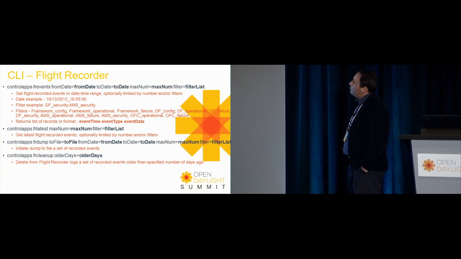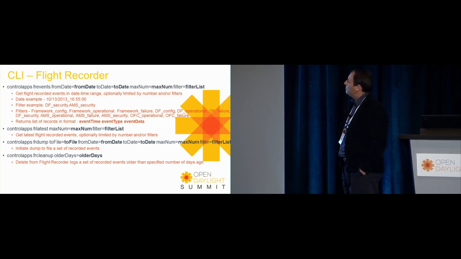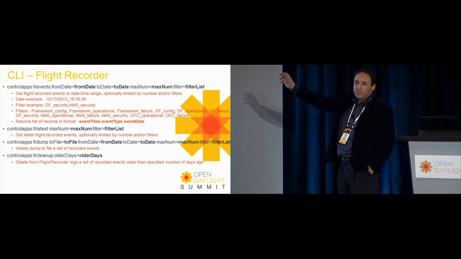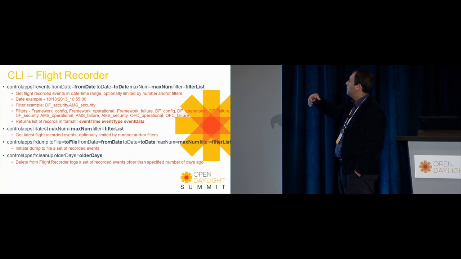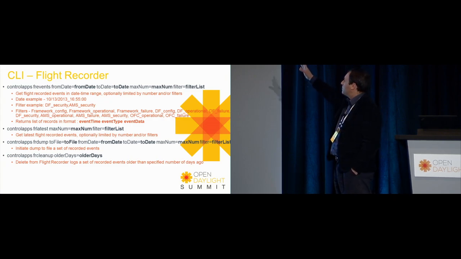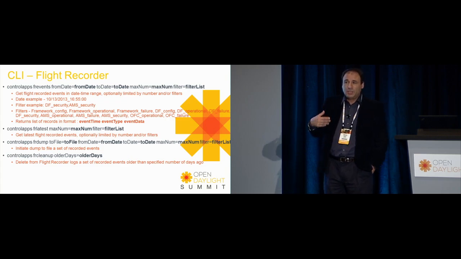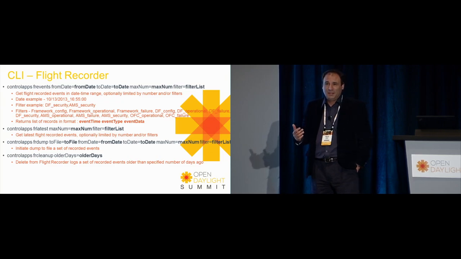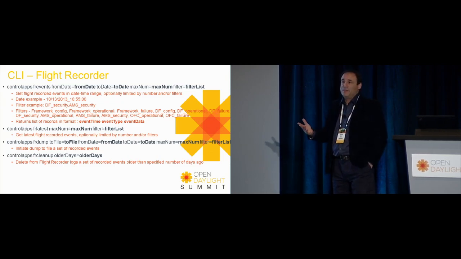The first CLI, control ops flight recorder events or FR events, specify a date-time range in which to get the events, optionally bound by some maximum number, and then specify an optional list of filters. Each recorded event has a type or a category, and you can specify what you want.